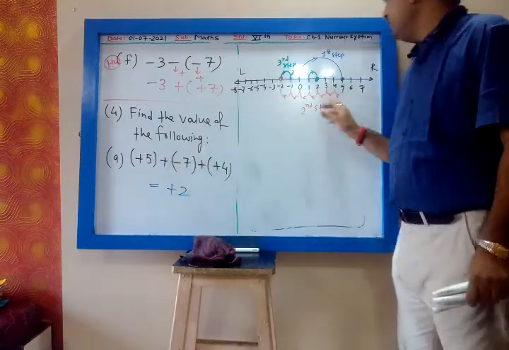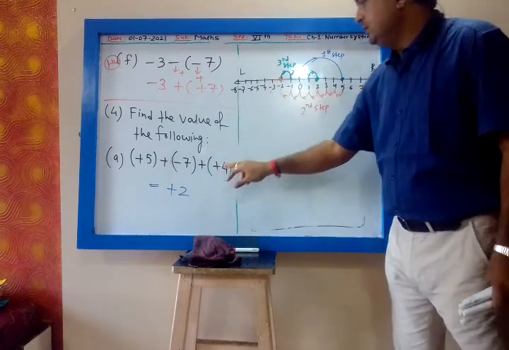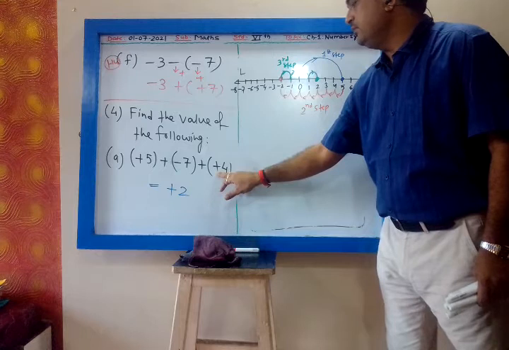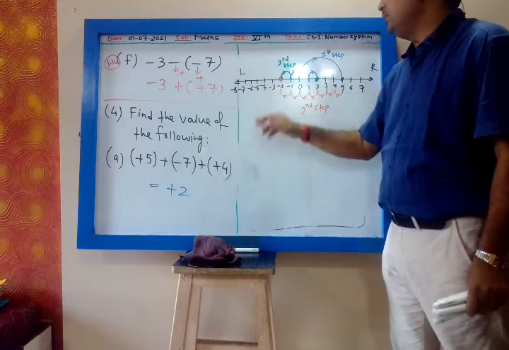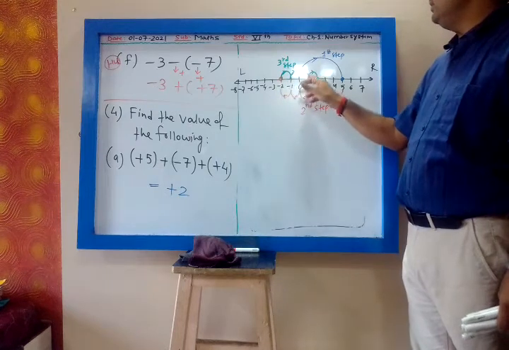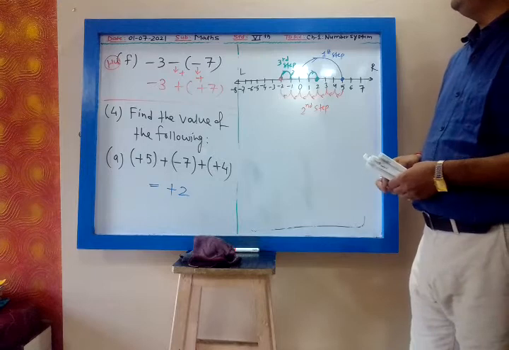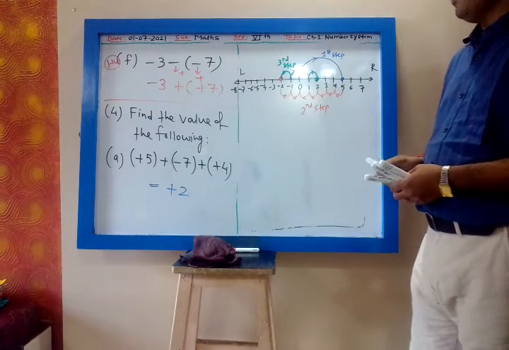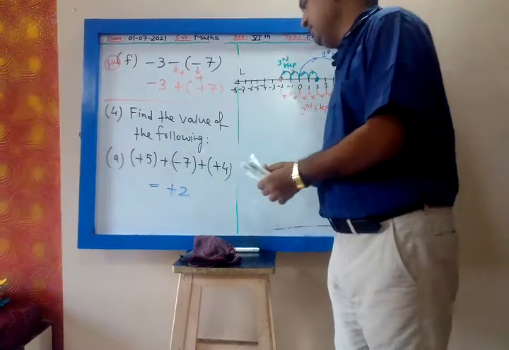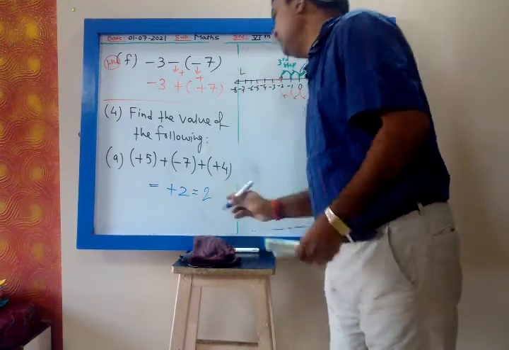So now I will jump 7 steps to the left. I reach -2. Then to add +4, I have to again make a jump of 4 steps to the right because it is +4. So 1 jump, 2 jump, 3 jump, 4 jump. We reach the number +2. So our answer is 2 or +2. +2 is same as 2, my dear. 2 or +2, they are one and the same.